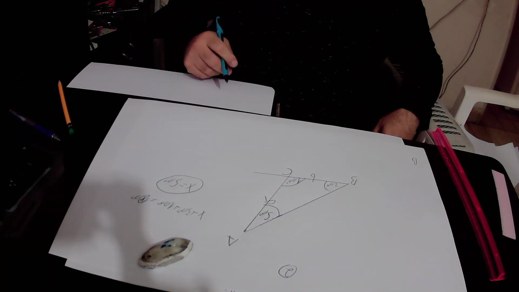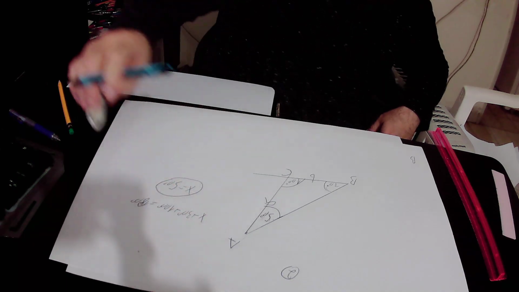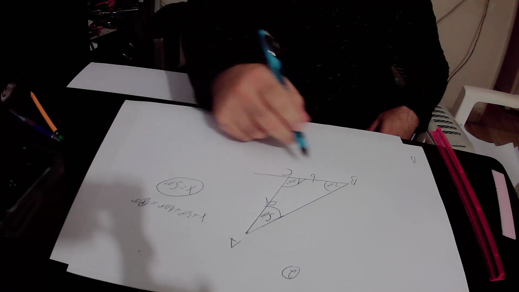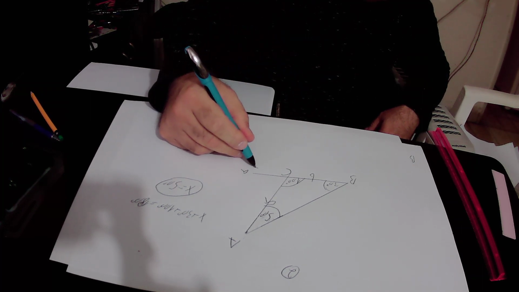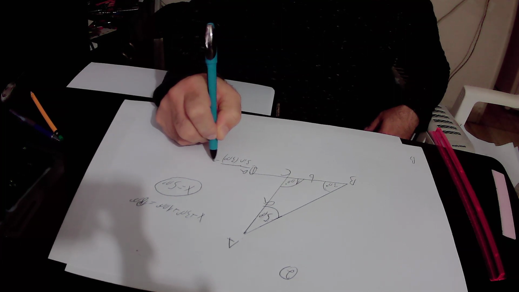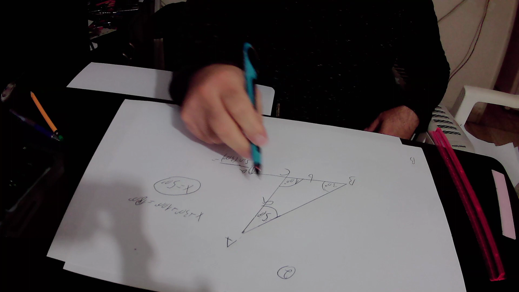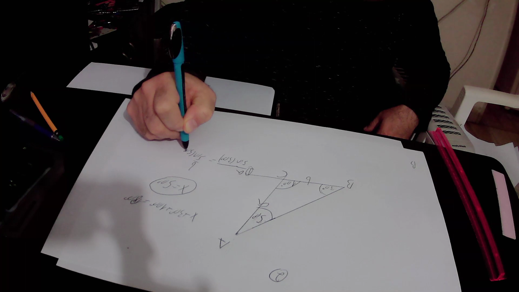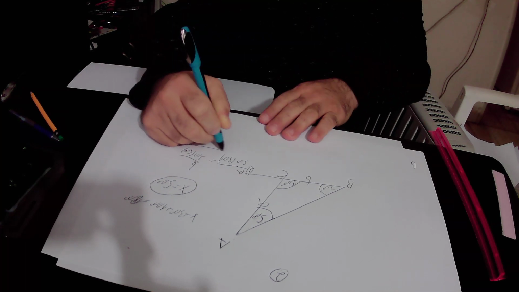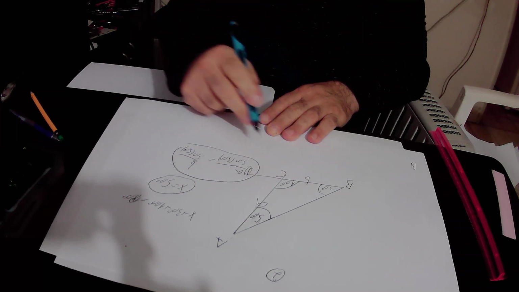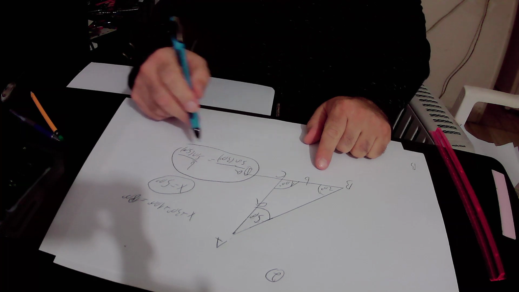In the next step, we will implement the law of sines in triangle ABC. According to the law of sines, A over sine of 30 degrees equals B over sine of 50 degrees.